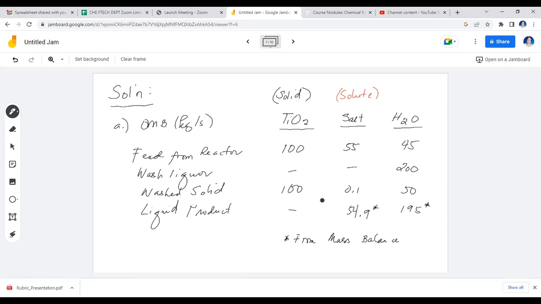Now, if you're wondering why we are using the concentration of the underflow when we want the concentration of the overflow, it's because the two are just equal. So I'll get the concentration of our solution on the underflow because I have the information for that.